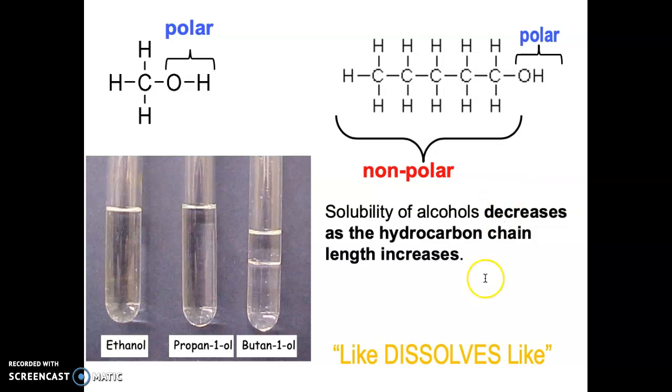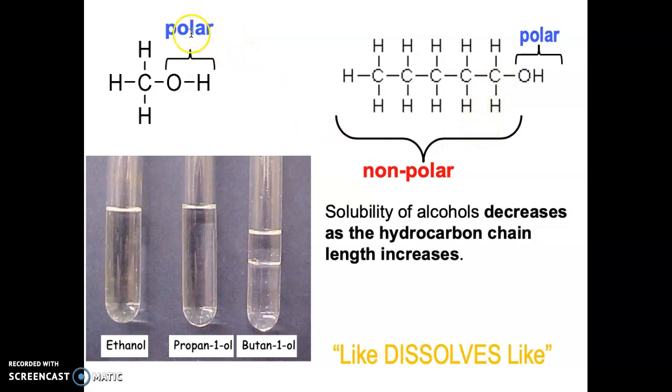Now, one way to remember this, but don't quote it in an exam, is like dissolves like. So polar can dissolve in polar. Water is polar, you see. So the problem is that when you've got this large portion that's non-polar, then it stops being soluble.